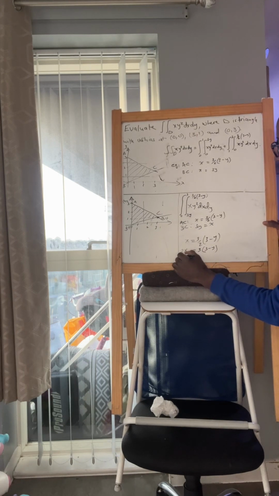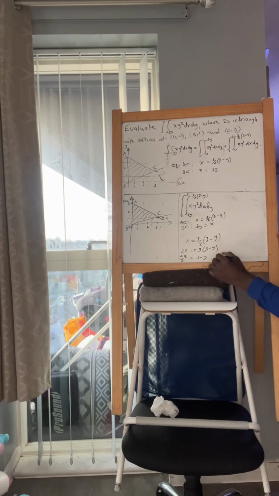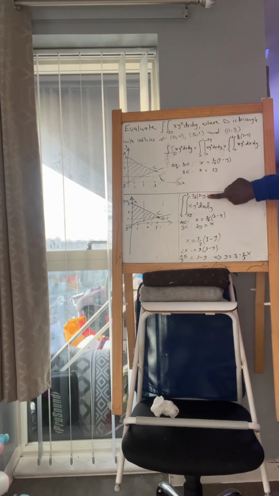So this is now 2x all over 3 equals 3 minus y. But I want y, so I'll just bring y over there because of the negative sign. So y will become 3 minus 2 all over 3x. So this is what you get for the value of y.